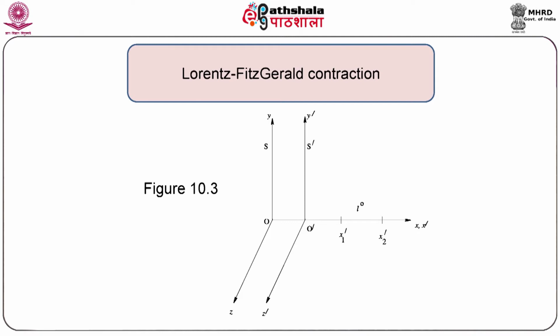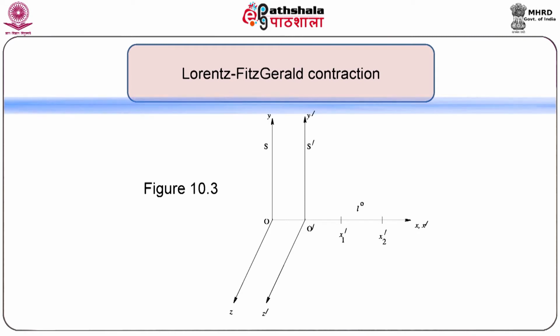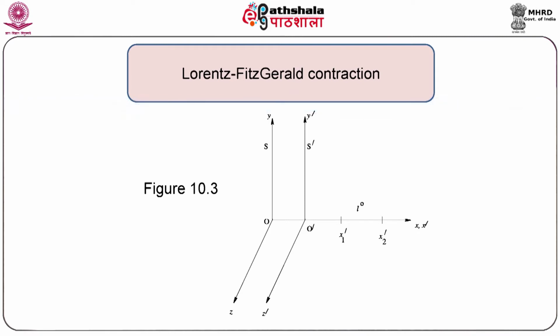The frame S has the coordinate axes OX, OY, OZ, while frame S dash has the coordinate axes O dash X dash, O dash Y dash, O dash Z dash. Initially, both the origins of the two frames S and S dash were coinciding, that is, O and O dash were coinciding at t equal to 0.